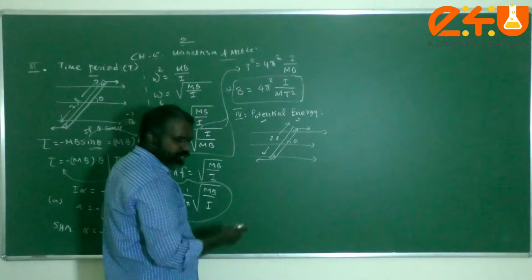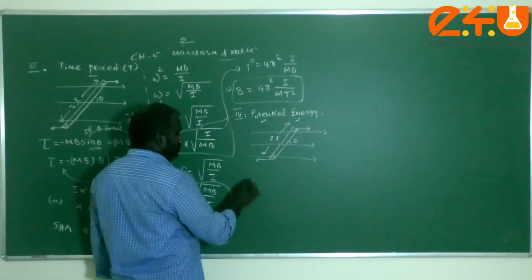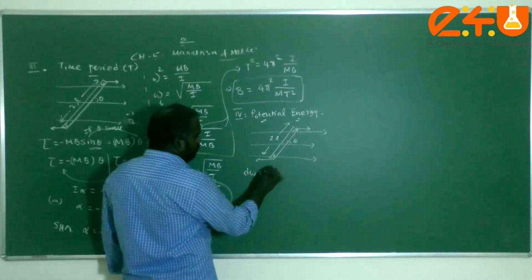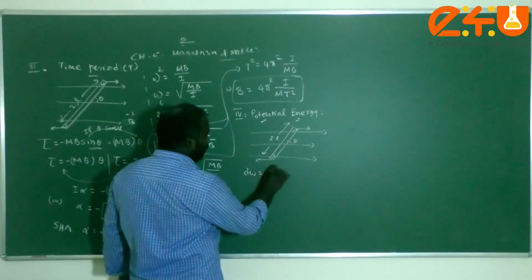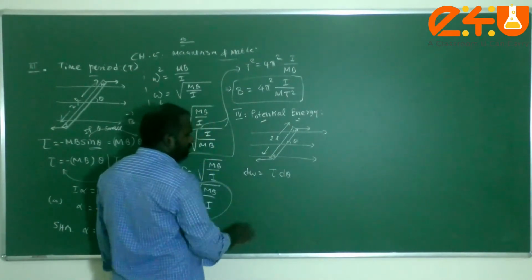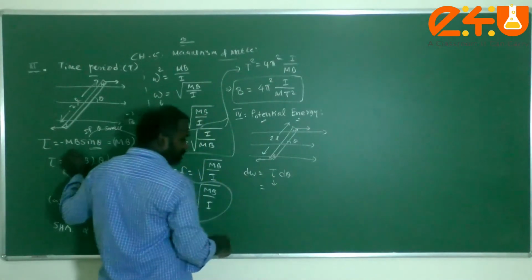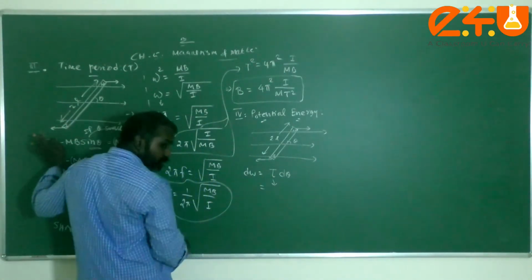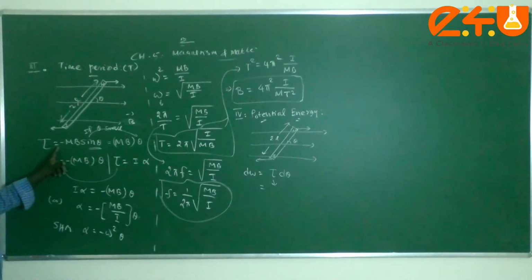In rotation dynamics, you may have studied that dW equals the work done for a small rotation of the bar magnet, tau into d theta, where tau is the torque as mentioned here. Here we use the minus sign because it is considered a restoring torque.